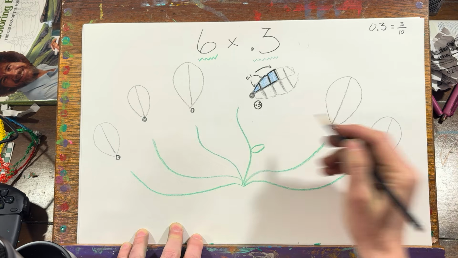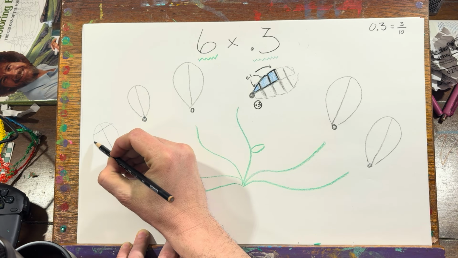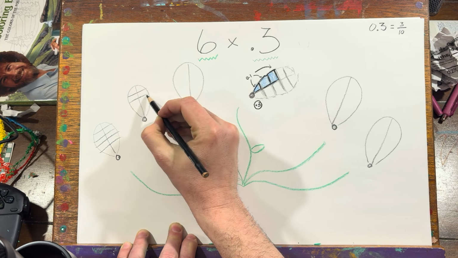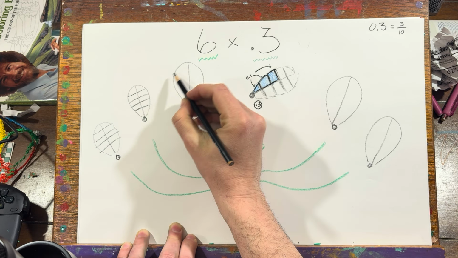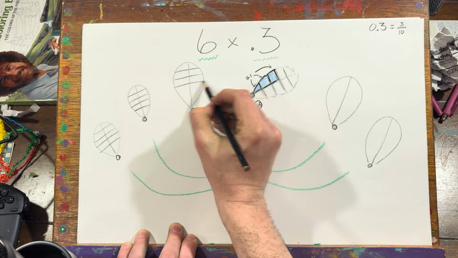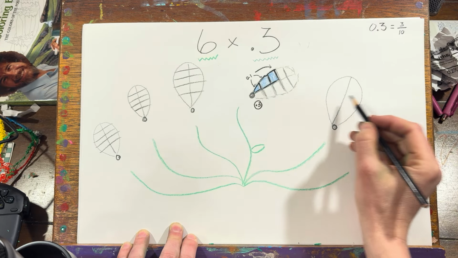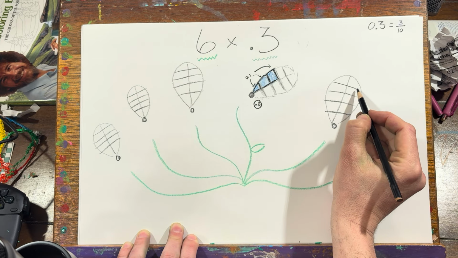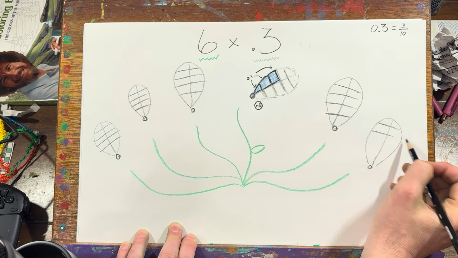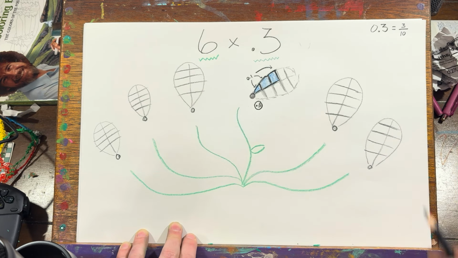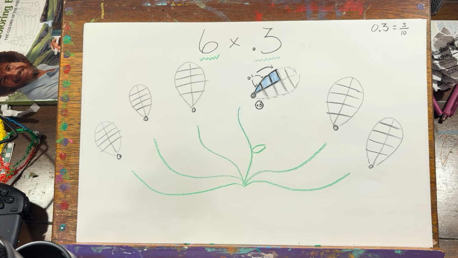First, I'm going to chop them all in half. Then I'll go 1, 2, 3, 4, 5. 1, 2, 3, 4, 5. That's leaving 10 pieces in each petal. Okay. So now let's color in 3 of each of these.